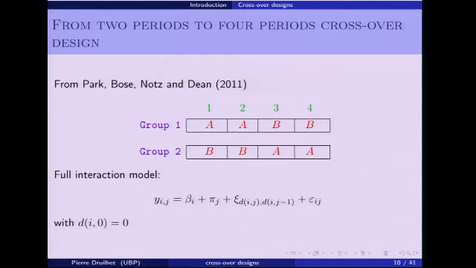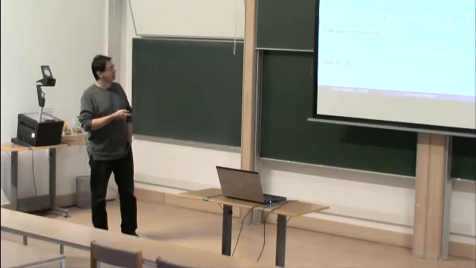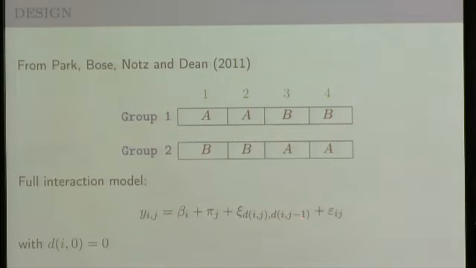To be correct, and to avoid bias in the analysis, the model must be as precise as possible. So in this model, we assume that the response is given by the subject effect, period effect, but also the effect of the treatment, d_i,k, which is preceded by d_i,k-1, so the treatment applied in the previous period.